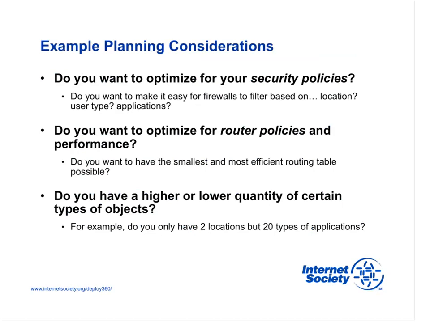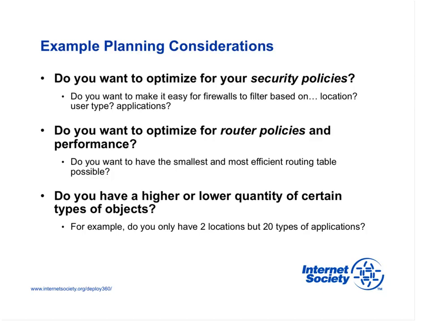What is most important for you? Is it most important to you to be able to securely filter users based on some criteria? Do you want to, again, filter on the location and be able to make sure your firewall rules work for different offices or for different types of things? Do you want to filter on user type? Is it important to you to segment your employees from your students, from your guests? Is it important to be able to segment your mobile devices from your PCs and laptops and from your voice devices?